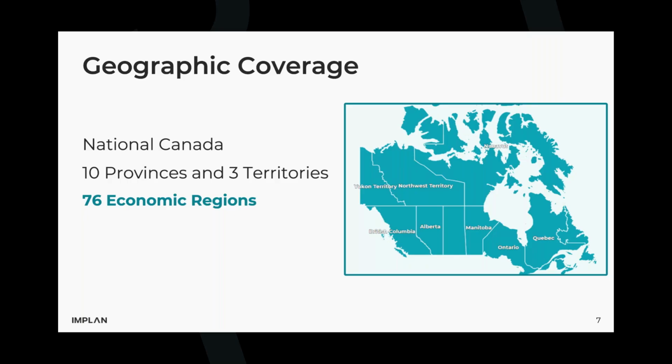This new granularity really lets us analyze Canada on a much more specific scale. So it opens up opportunities to model and understand very localized impacts in Canada. Later today, Ashley's going to show us a few use cases that demonstrate why this is so valuable and so important.